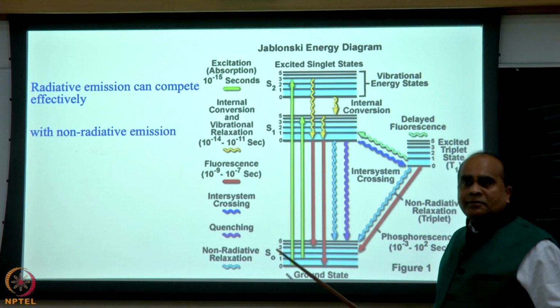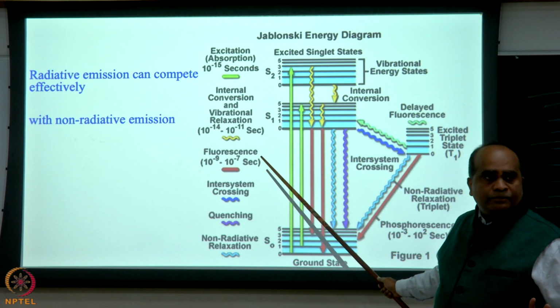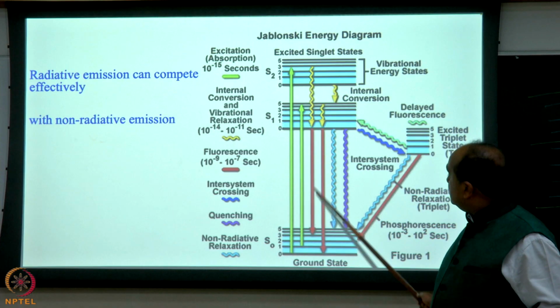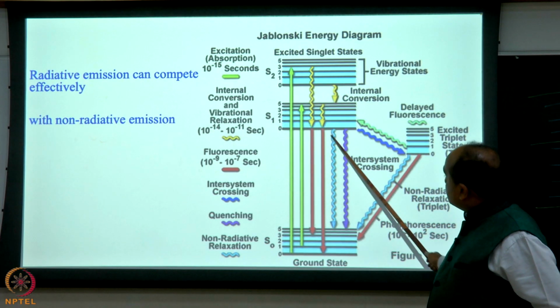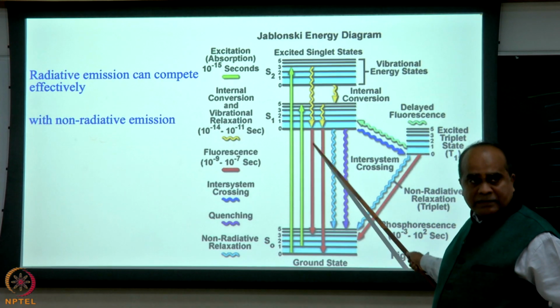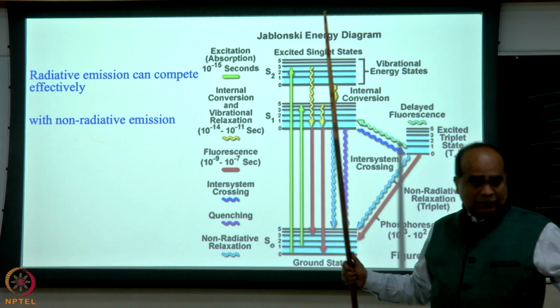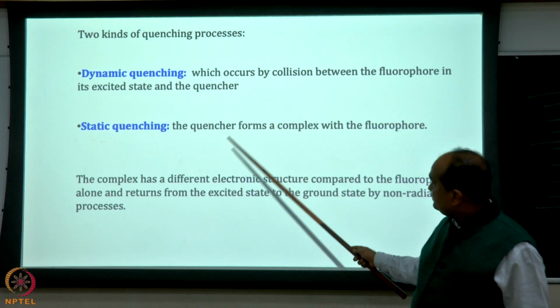We said that even if the quencher is there, this process is not affected. In dynamic quenching, since fluorescence is coming from here, the quencher is somewhere taking the energy in the excited state. That is a collision happening, and it takes out the energy from the excited state.